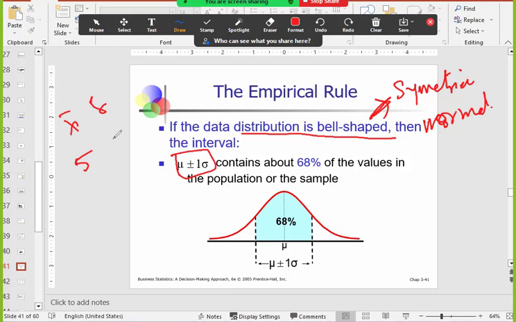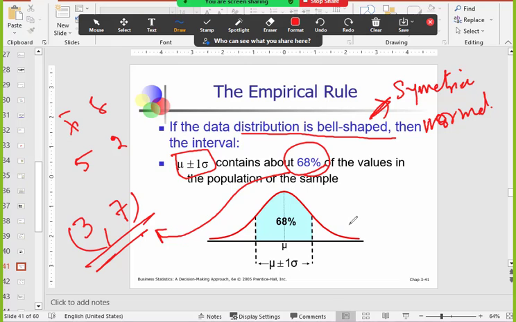Let's suppose the X bar is 5 and standard deviation is 2, then this range is 3 comma 7: 5 minus 2 is 3, and 5 plus 2 is 7. So if you know that data is symmetric and you calculate this range, you can guess that 68% of the data will be in between.